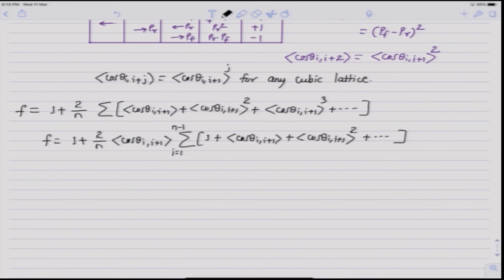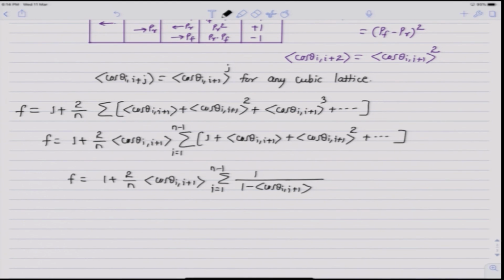Now, this series can be approximated to 1 over 1 minus average of cos theta I plus 1. So, we can write f is equal to 1 plus 2 by n average of cos theta I plus 1 summation of 1 over 1 minus average of cos theta I plus 1. The I goes from 1 to n minus 1.